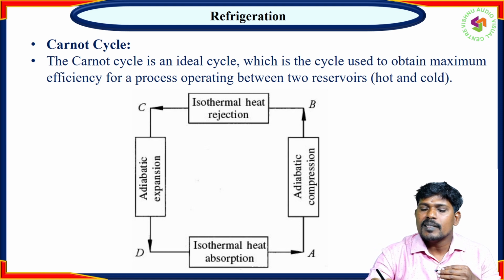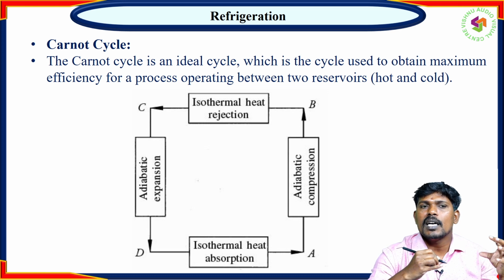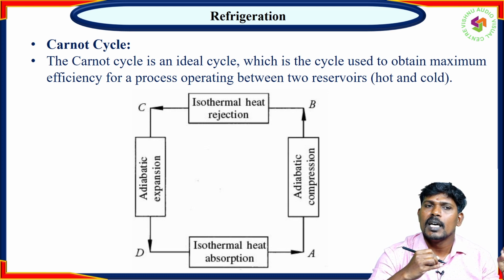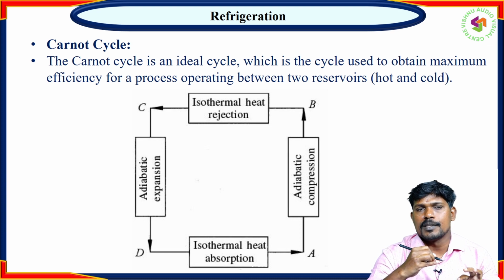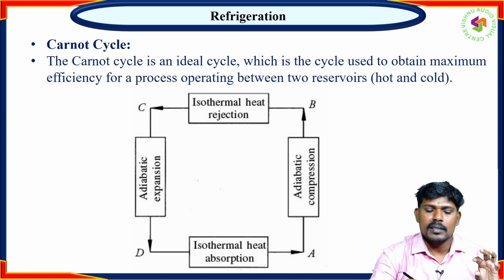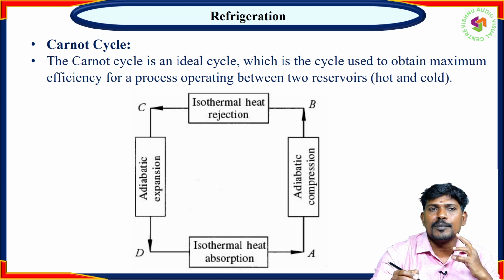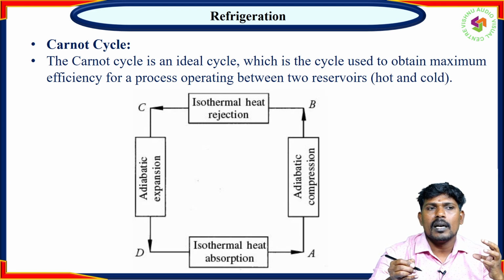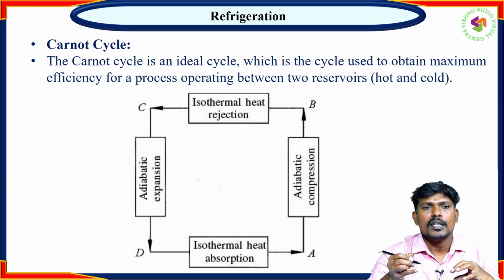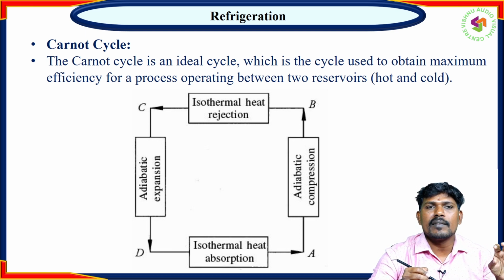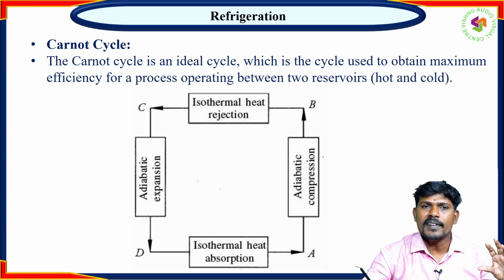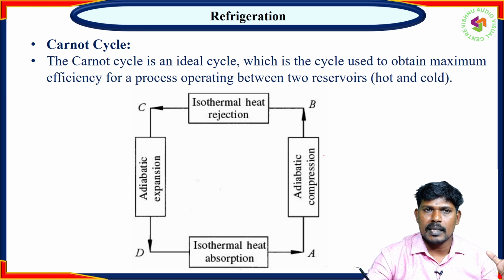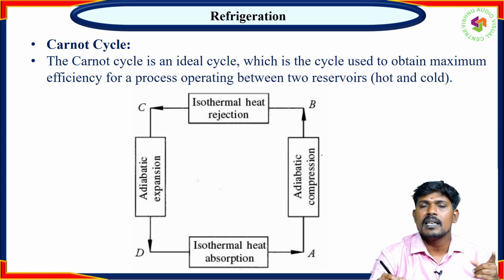After that, it is sent to the heat absorption, meaning the heat transfer between the food, the item to be preserved, and the refrigerant. Because the heat is absorbed by the refrigerant, it is completely converted into vapor. Then the gas refrigerant is compressed adiabatically.